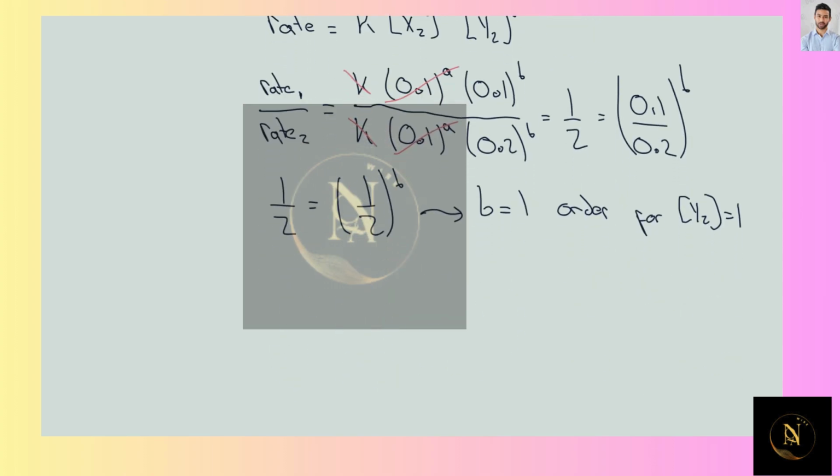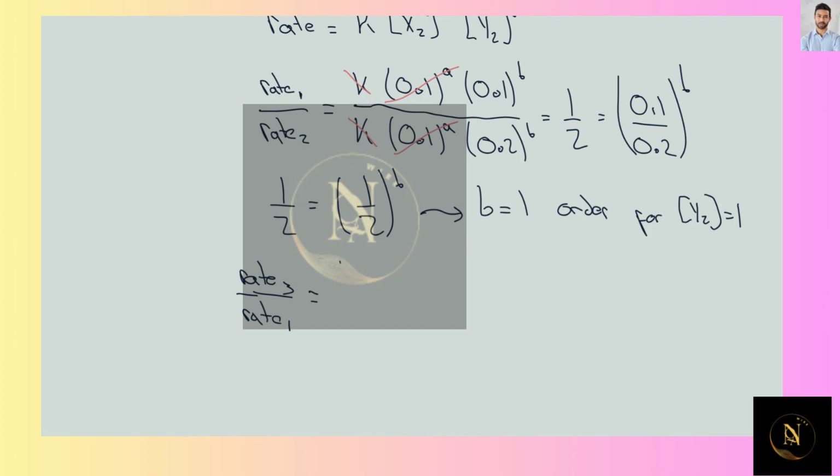Next up, we can do the same thing for the first and third experiment. So let's say rate 1 divided by rate 3. And here, just to have the result a little bit more direct, I'm going to actually divide rate 3 divided by rate 1 of experiment 1.